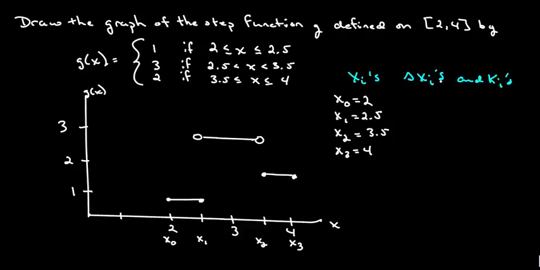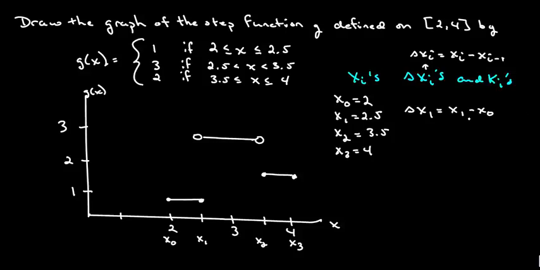Our delta x's, well, the first delta x, our first change in x, we're going to call this delta x1. That is equal to x1 minus x0. So in general, our delta xi's, that's equal to xi minus xi minus 1, like that.